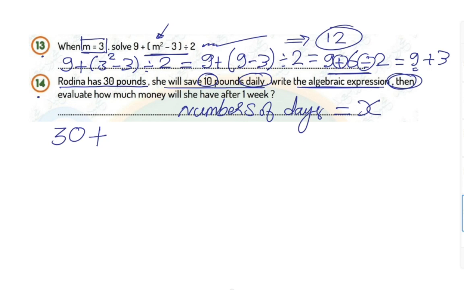After 3 days, she will have 3 by 10, 30 pounds, and so on. So how to write it? She already has 30, and every day she will save 10 by x. So the first day will be 1 by 10 equals 10, 10 plus 30 equals 40. The second day, 2 by 10 equals 20, 20 plus 30 equals 50, and so on. So this is the expression.